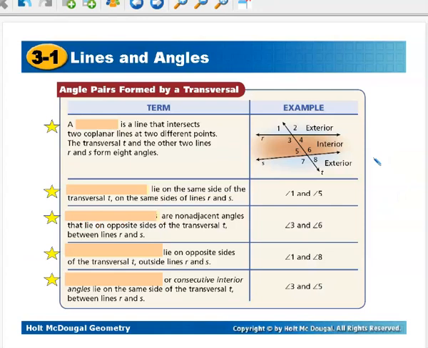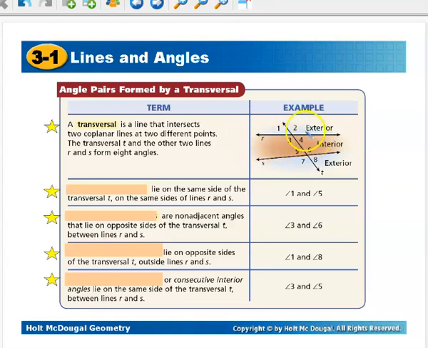Moving on to another relationship of lines. These are going to be angles or angle pairs that those lines create, and they're formed by a transversal. So let's talk about that. A transversal is a line that intersects two coplanar lines at different points.